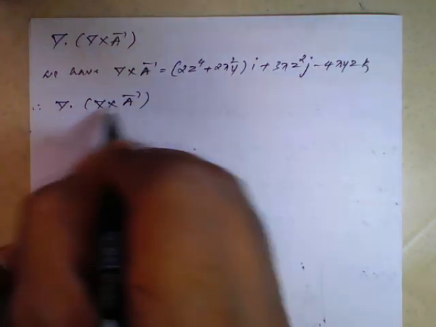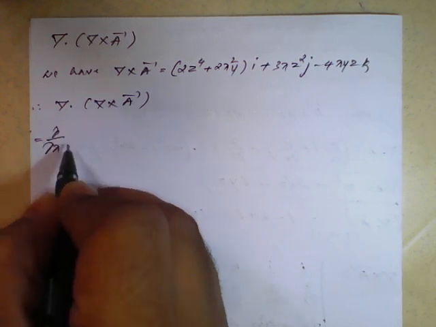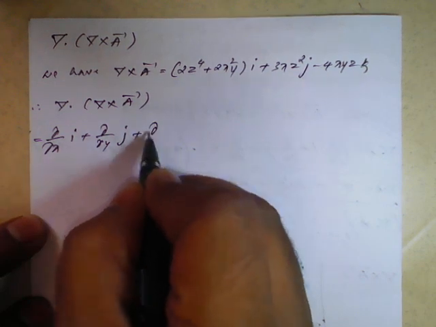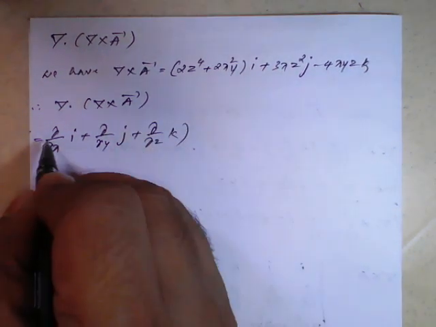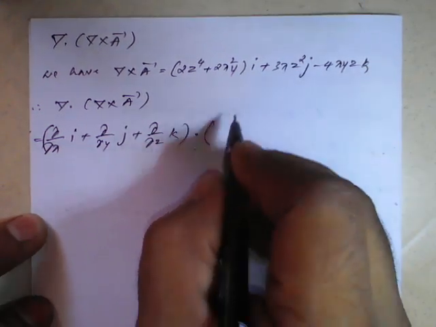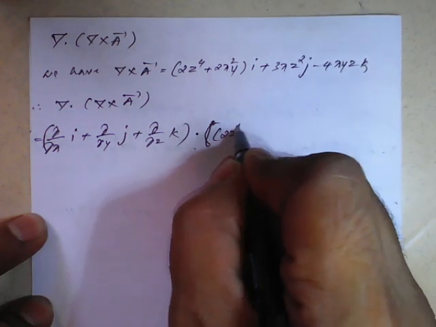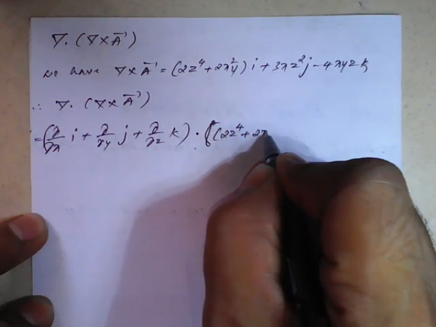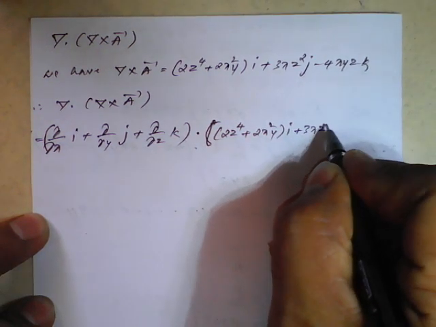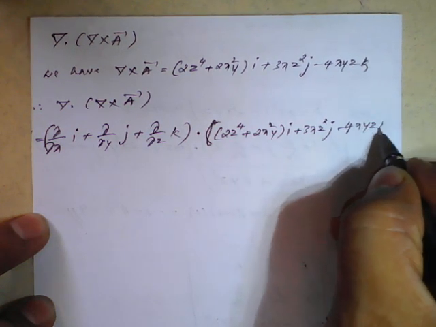So del dot del cross vector A, where del is nothing but dou by dou x of i plus dou by dou y of j plus dou by dou z of k, dot del cross vector A. We take the result we got completely: 2z to the power 4 plus 2x squared y of i plus 3xz squared of j minus 4xyz of k.